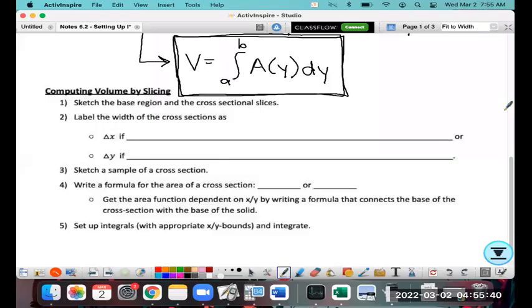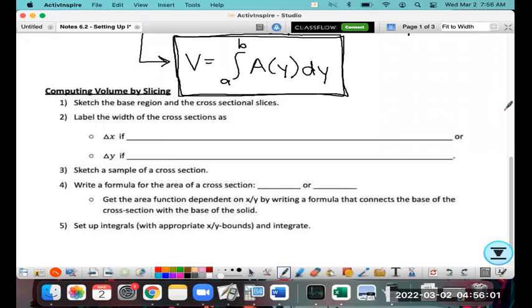First thing that I want you to do is sketch the base region and the cross-sectional slices. So what I mean by that is with these types of solids that we are going to be building, you will have a base for the solid. So like if it was a pyramid, like your traditional pyramid, the base of that entire solid is a square, right?